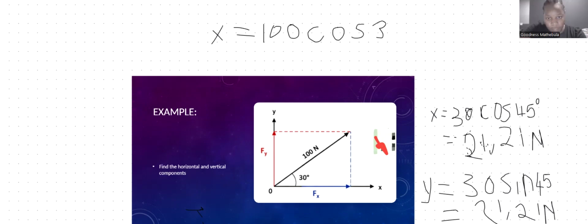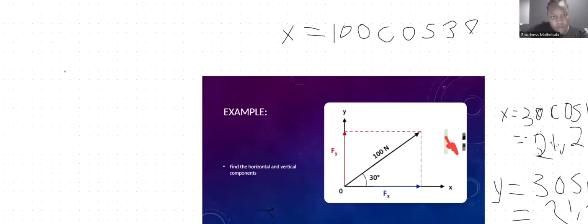To calculate our y component, Y is equal to our force, which is 100, sine of 30 degrees.